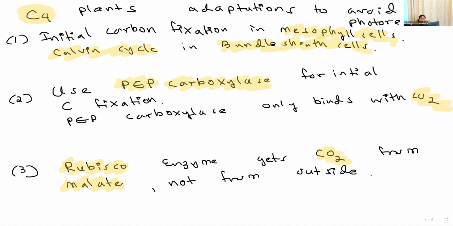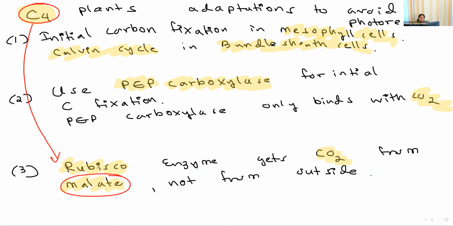So you can write down that C4 is more efficient. If you compare the photosynthesis rates between C3 and C4, C4 is more efficient because Rubisco is not getting carbon dioxide from the atmosphere, it's getting it from malate, right? The same exact reason.